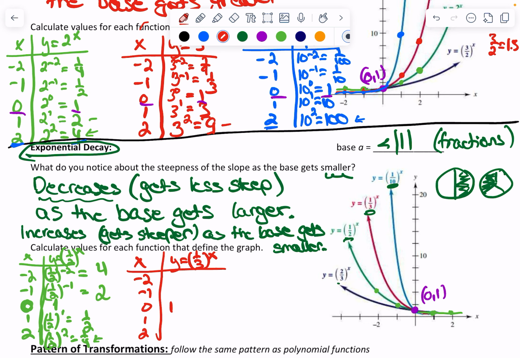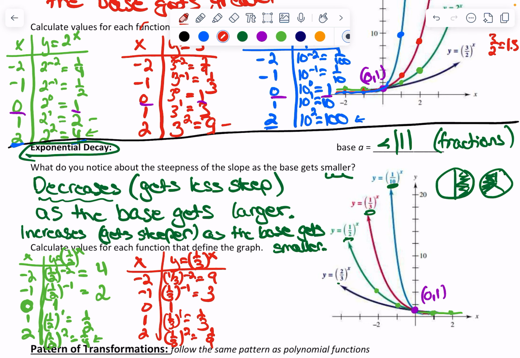When we raise it, exponent 1, 1/3 to the power of 1 is going to be 1/3. 1/3 to the power of -1 is going to be the reciprocal, so that's going to be a 3. 1/3 to the power of 2 is going to be 1/9. And 1/3 to the power of -2 is going to be the reciprocal of what we got for the power of 2, so that's going to be a 9.